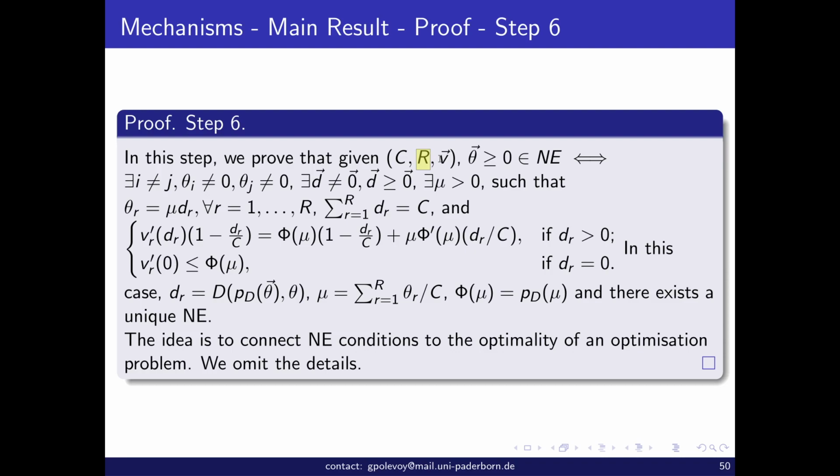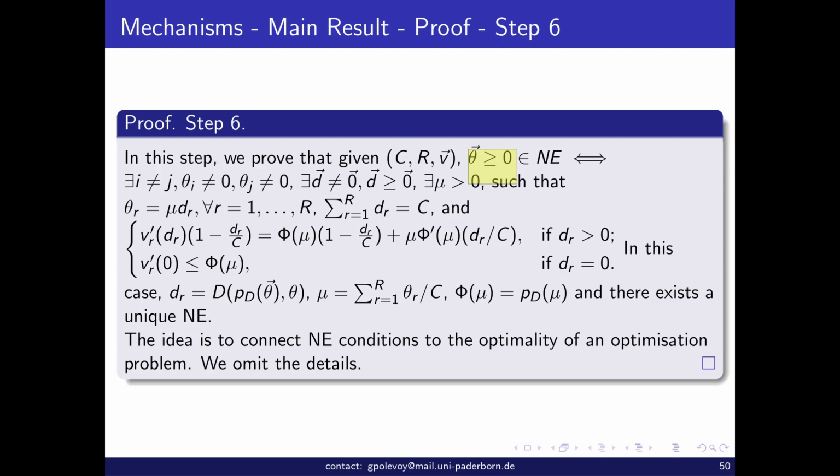And the vector v is the vector of the value functions. Theta is a Nash equilibrium if and only if the following conditions hold. And that's something similar to what we did once. Quite technical, but we just need to at least know how to formulate it.